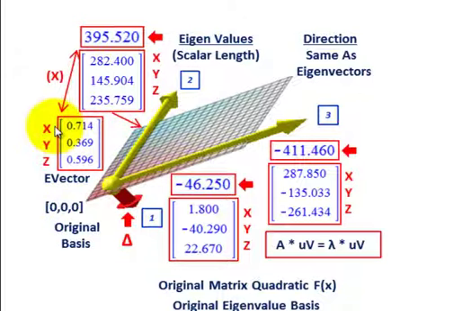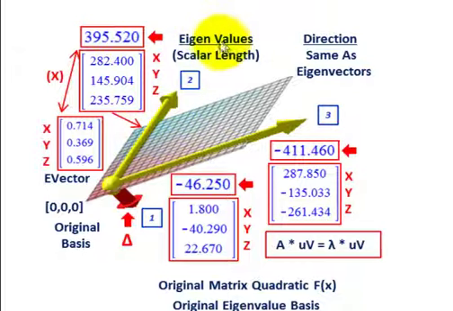So for x, you take 0.714 times 395.52, and you're going to get 282.40. Then our y coordinate would be 0.369 times 395, and you're going to get 145. And for z, take 0.596 times 395, and you're going to get 235. So those are the x, y, z coordinates for our eigenvalues.